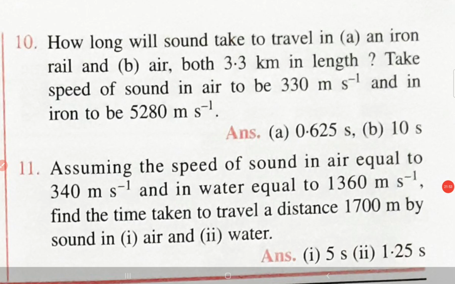Now the last numerical problem, number 11. Assuming the speed of sound in air equal to 340 meter per second, and that in water is 1360 meter per second, find the time taken to travel a distance of 1700 meter by sound, both in air and water.